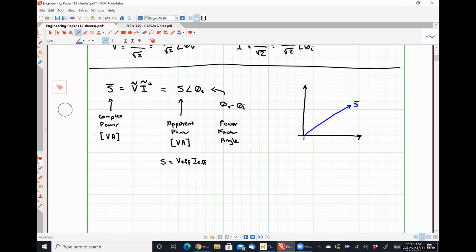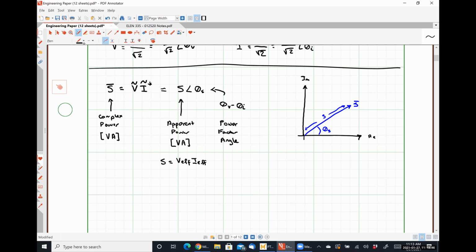S, like so. All right. The length of this is our apparent power, and this angle is our power factor angle, where this is our real axis, and this is our imaginary axis.